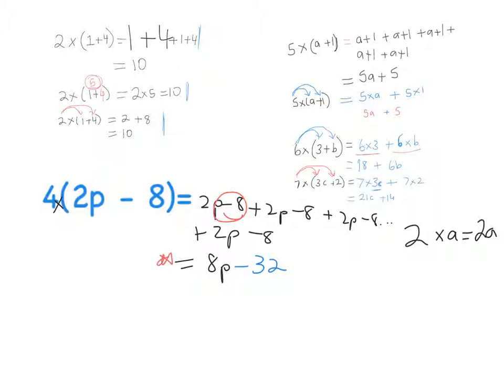Let's do this the cheating way, the way that I like. 4 times 2p is 8p. And 4 times negative 8 is minus 32. Much quicker. So just to summarize, remember that if there's nothing in between the 4, or any number, and the bracket, it just means that it's times.